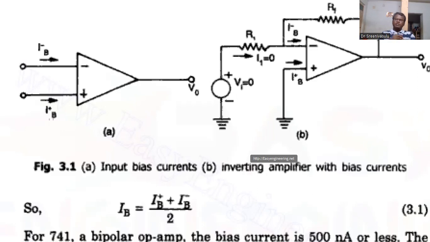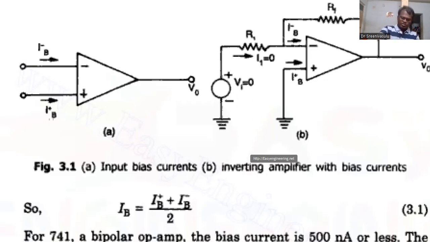In a practical op-amp, there must always be some current drawn by either of the input terminals, the non-inverting terminal as well as the inverting terminal. That current is called the input bias current. The device is already properly biased, so even if you do not apply any voltage, there must be some initial current through these terminals, because internally there are transistors.